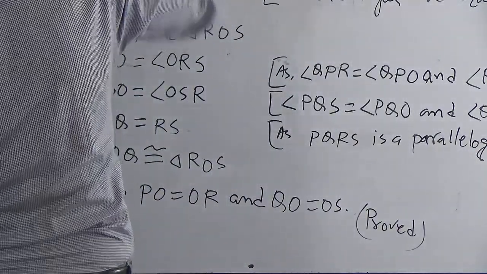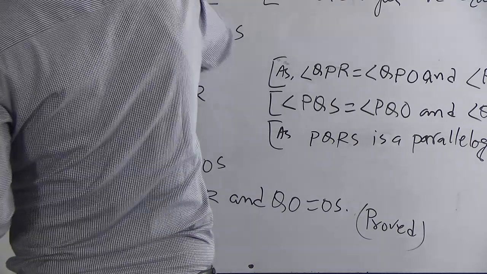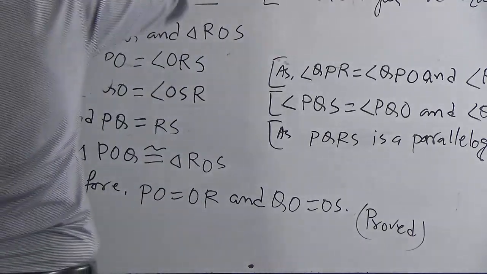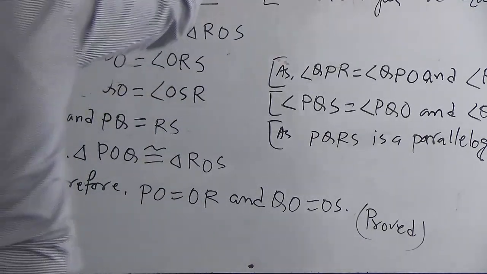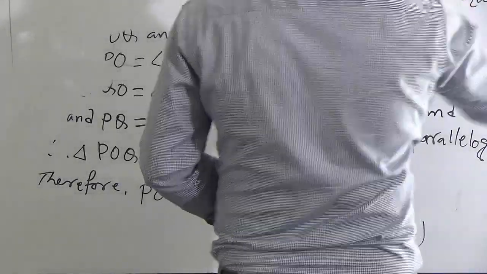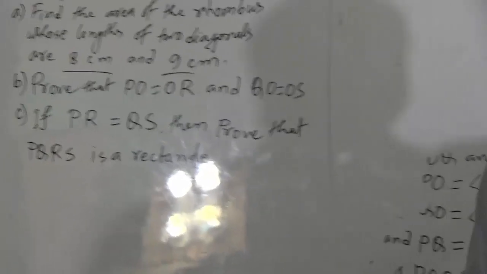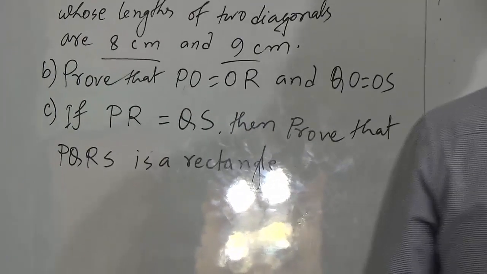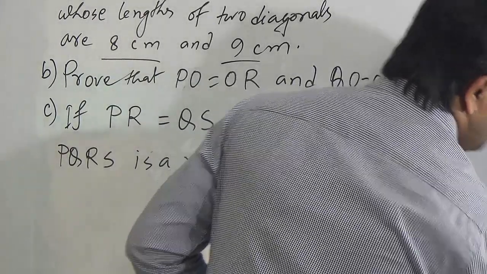What is question C? Question C is: if PR equal to QS, then prove that PQRS is a rectangle. Here the condition is PR equal to QS. Here PR and QS are two diagonals.